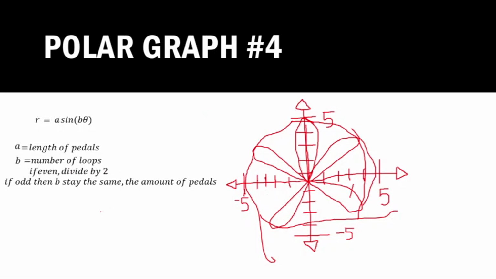So in this case, since we have 5 petals, it'll be r equals 5, since each of the petal lengths go out to 5, or supposed to at least, but let's just hypothetically say they go up to 5. It'll be the sine, since we're dealing with a y-axis. And then we have b here, which is the amount of petals. Since it's odd, it will stick to the amount there. If it was even, you'll have to divide by 2.